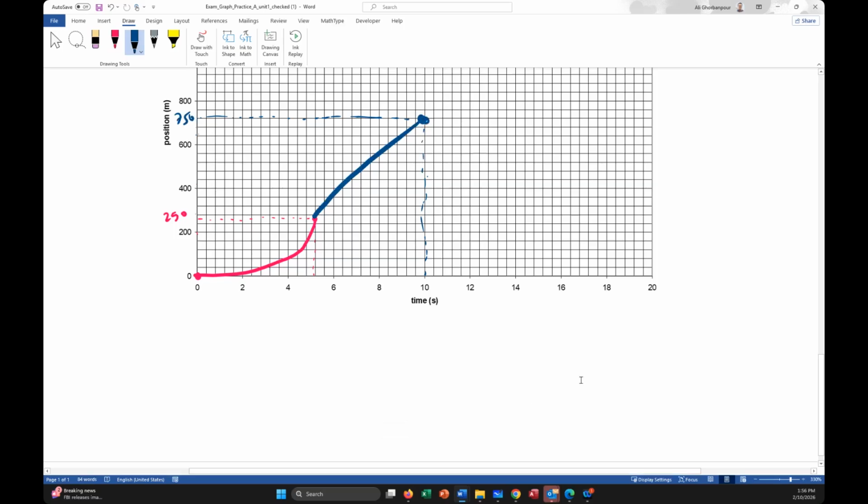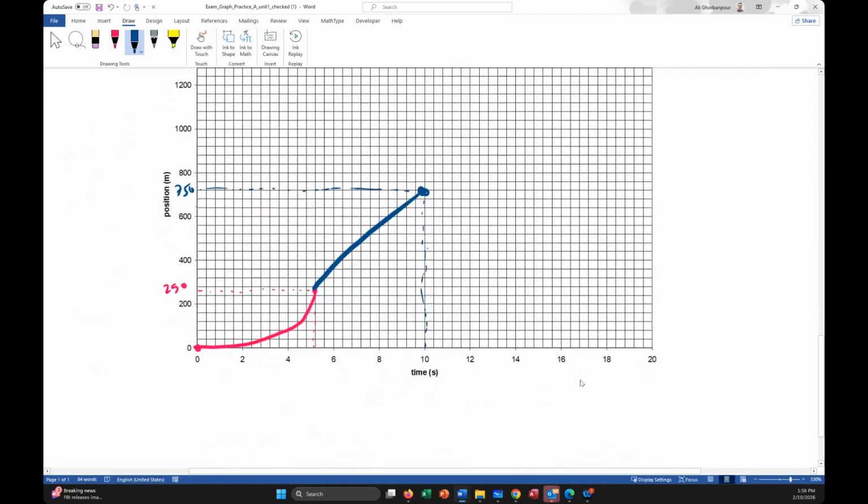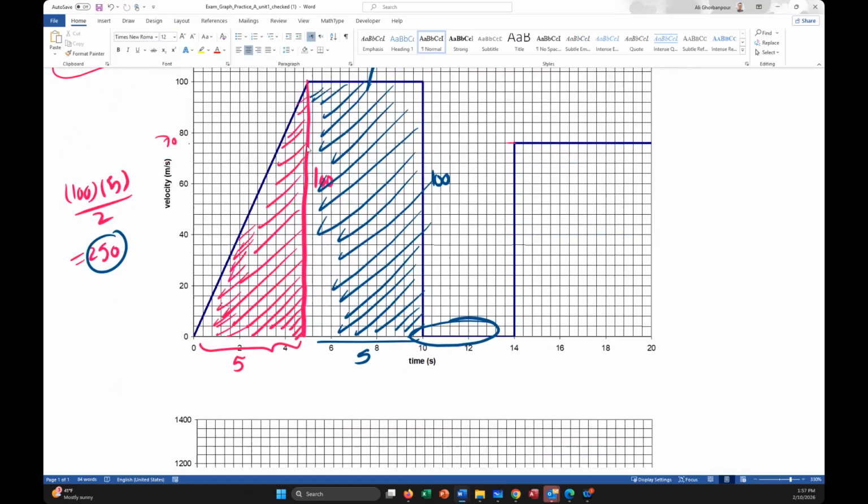Okay, so go back here, change the color. What happened here? Nothing. Okay, until 14, you just have the same distance, yes, the same position. Okay, so what is the next one? Area for this one, yes?